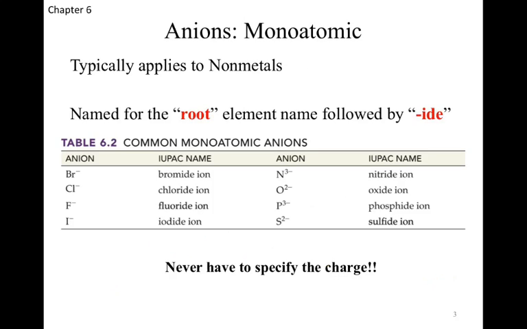Next part would be to look at the partner for your ionic compounds, and we'd be looking at anions. So again, we're going to name it based on the monoatomic, or sorry, a single atom of it. This is typically going to apply to our nonmetals. Why should it apply to the nonmetals? Well, go back and take a look at your electron configurations.